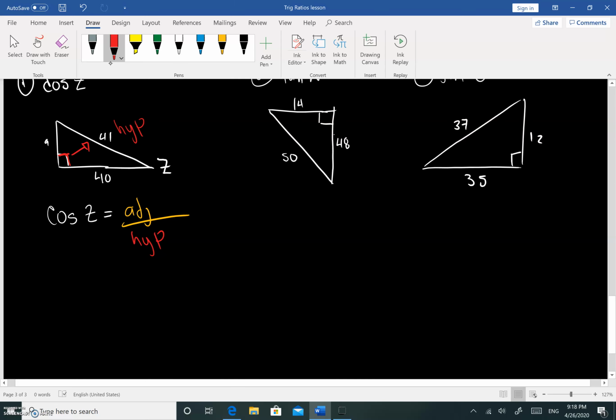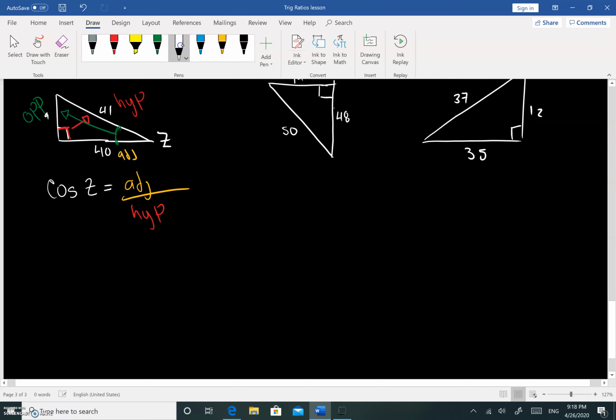Then we need the adjacent. So this is going to be my angle C, and now 9, is that going to be the opposite or the adjacent? Well, that's actually going to be the opposite because it is not one of the sides that is being used to make angle C. So it is opposite to angle C. And now 40, the last side that is left, is going to be my adjacent.